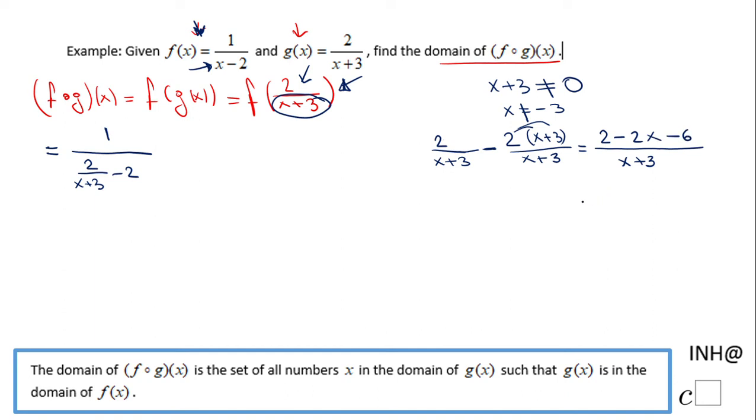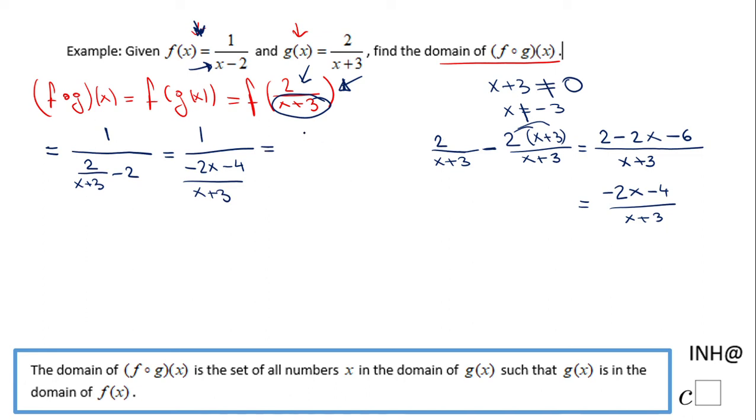And the last step here is to simplify the numerator, negative 2x minus 4 over x plus 3. And we can take this new expression and replace it here.